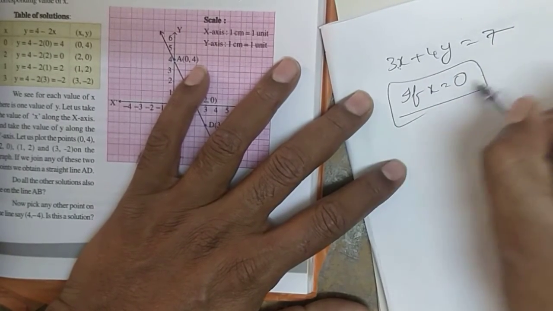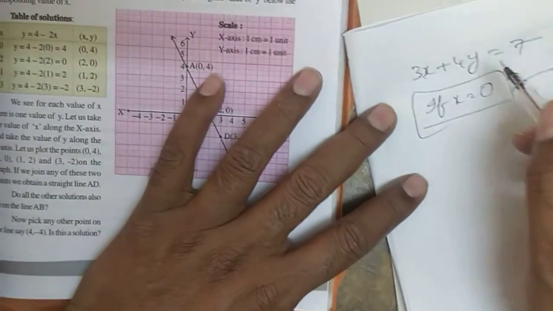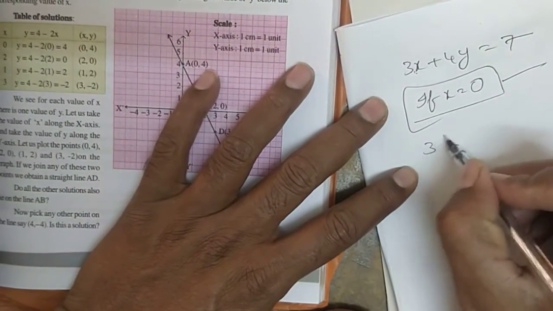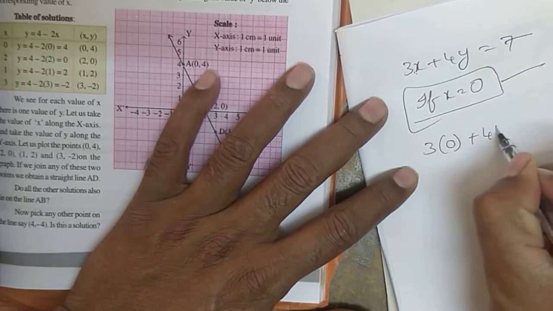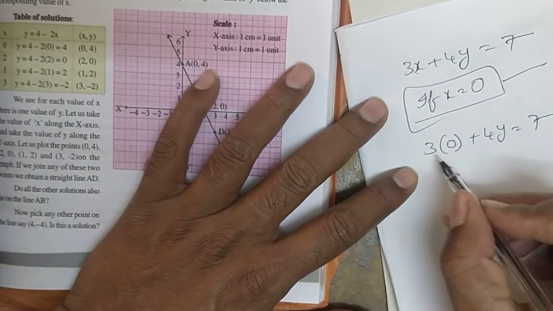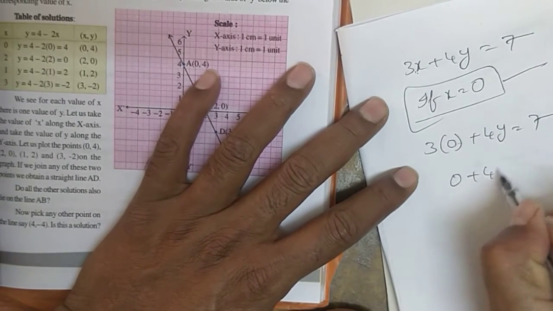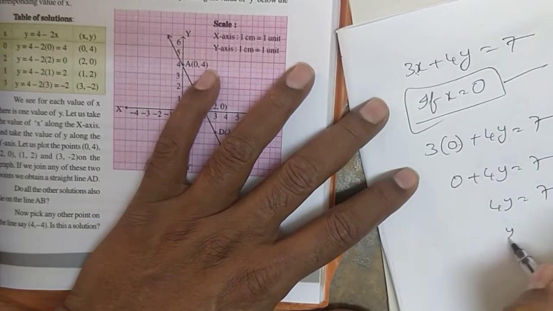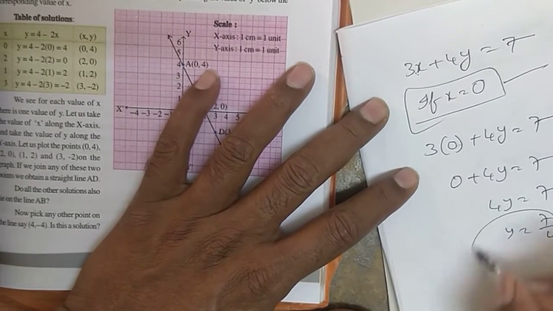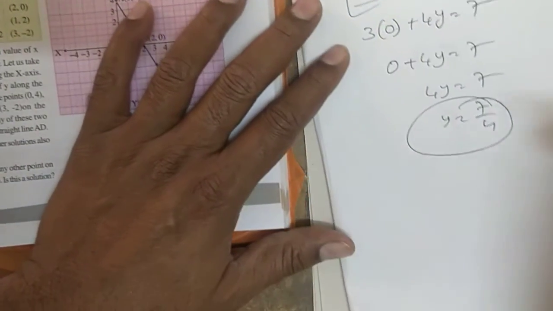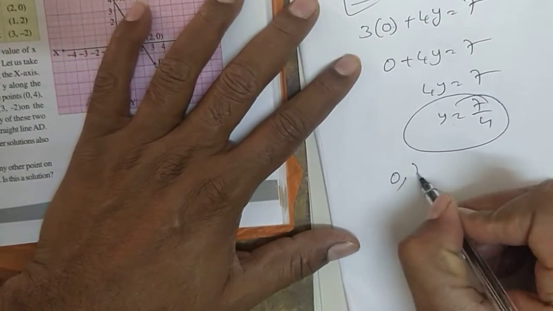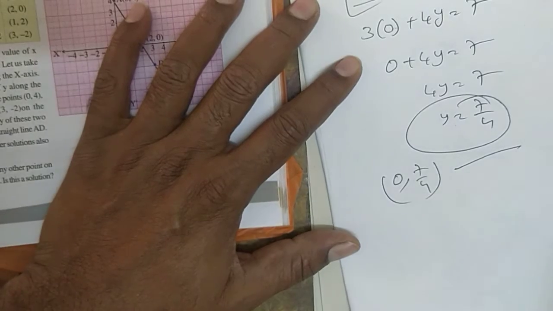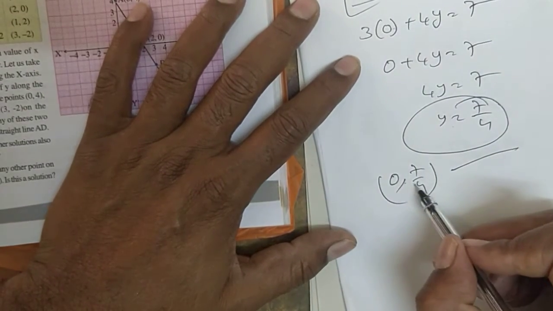In a linear equation of two variables, in place of x, I am substituting 0. 3 into 0 plus 4y is equal to 7. 4y is equal to 7, y is equal to 7 by 4. So I got the y value. Means the ordered pair 0 comma 7 by 4 is a solution. This is called a solution.